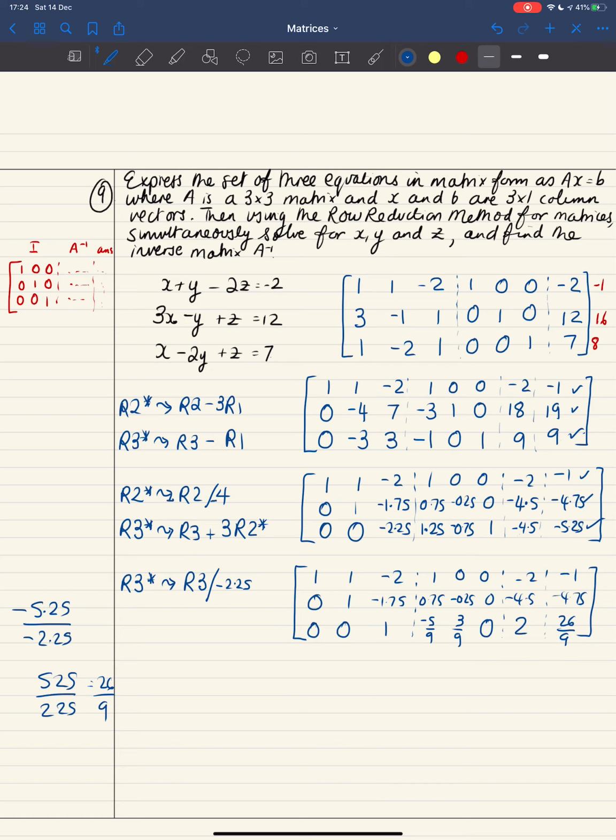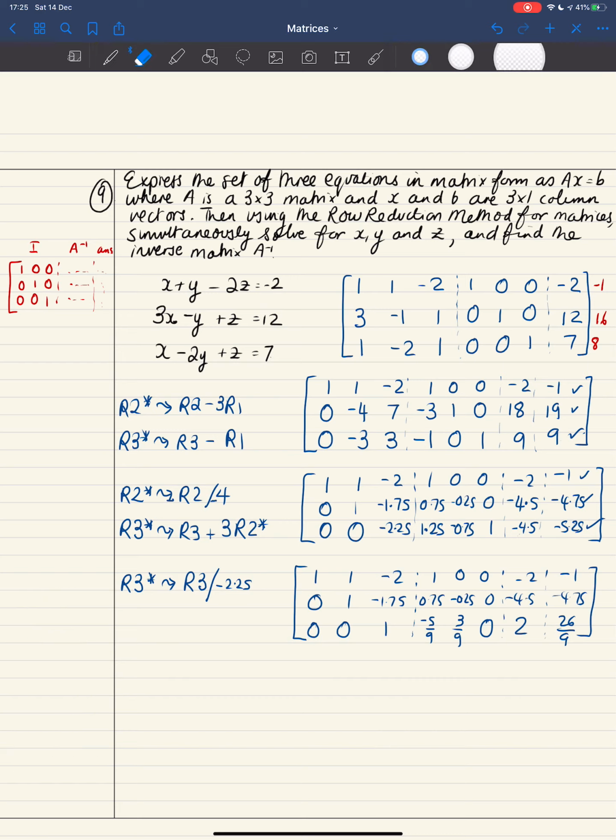It's not quite right. Sorry, that's 25. Just got to check my arithmetic on this bottom row again.